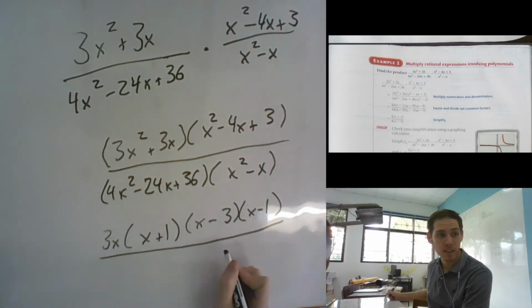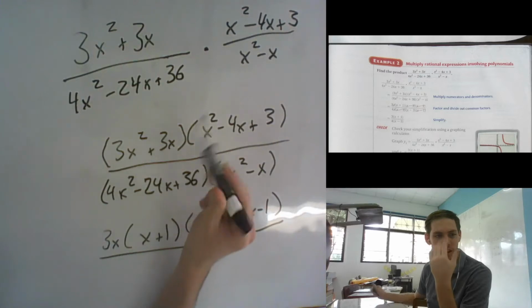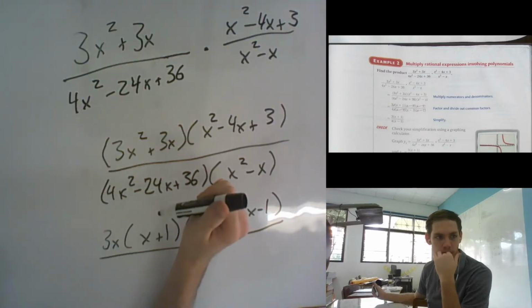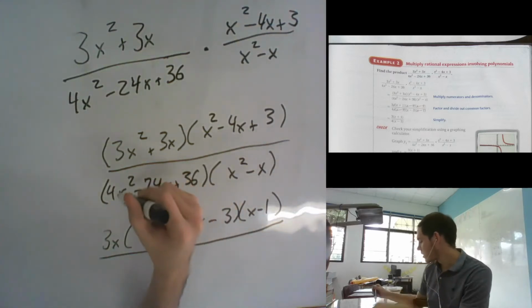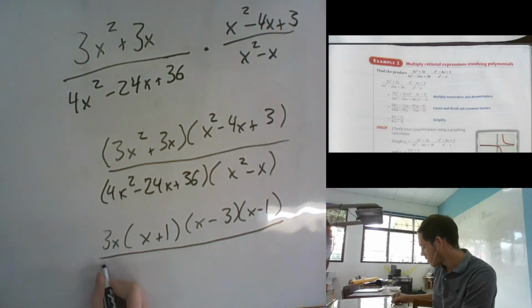Now, the denominator, it's not necessarily more complex, it just looks like there's more going on. Okay, so we can factor off a 4 here.